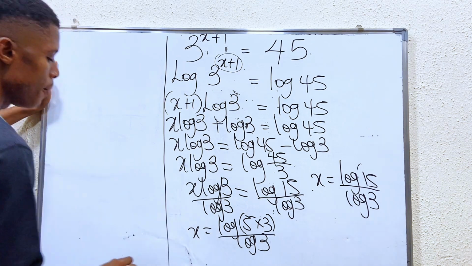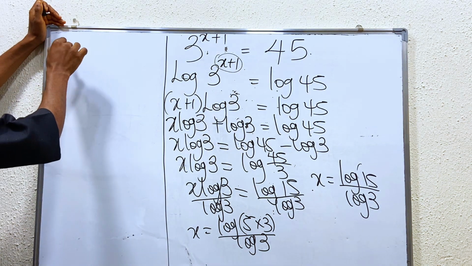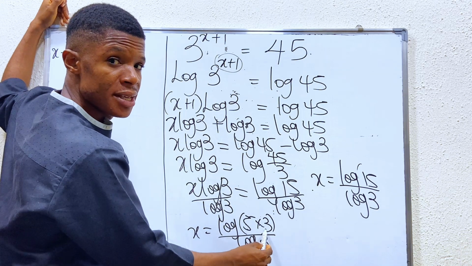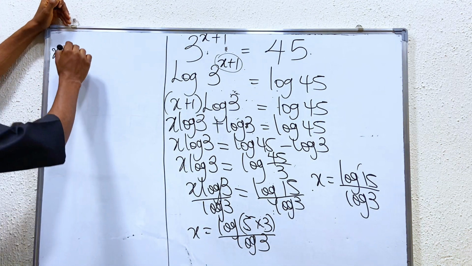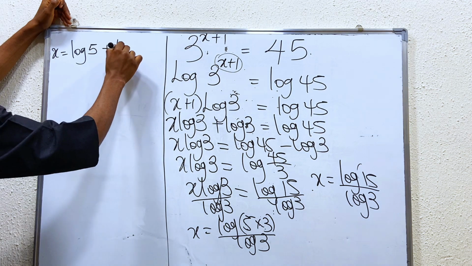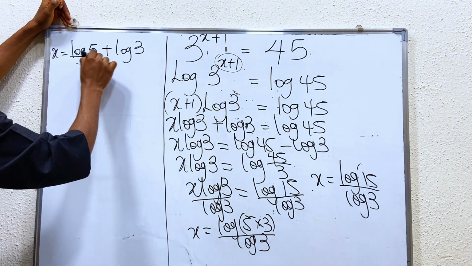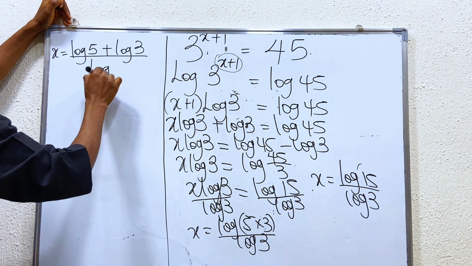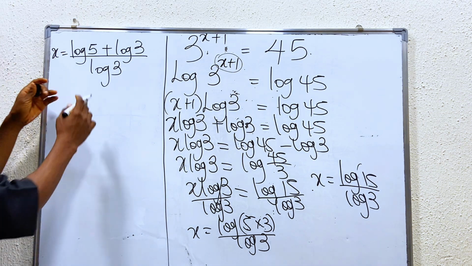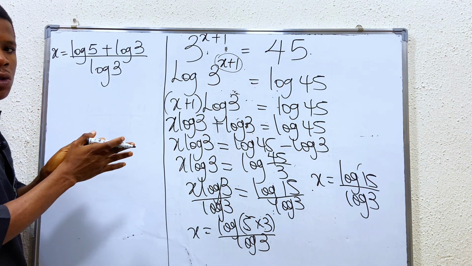Let's complete it here. Whenever you are multiplying numbers in the same base, you are free to split the log. You have log of 5 plus log of 3, divided by log of 3. If you understand this, you can actually split the solution.